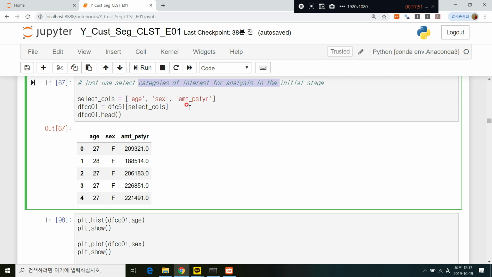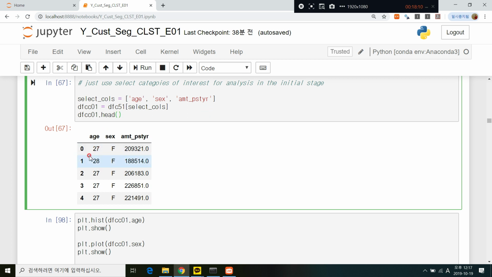Anyway, let's just check two variables, age and sex. And one more thing, the most important thing, total amount purchased, the total amount spent in the website.